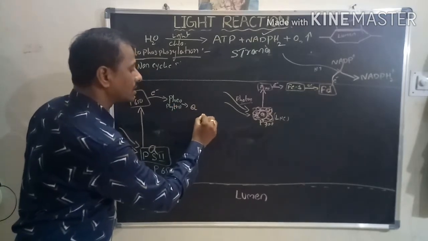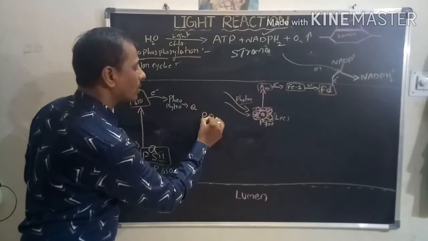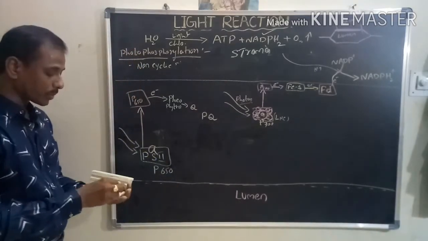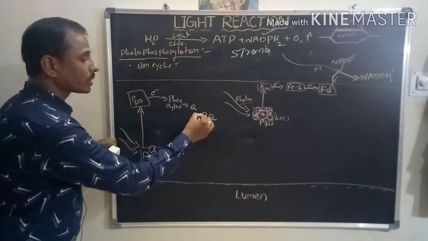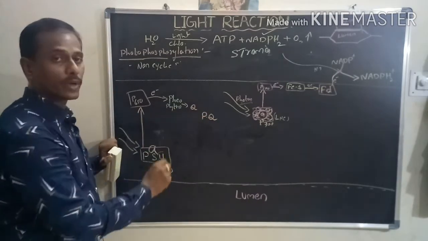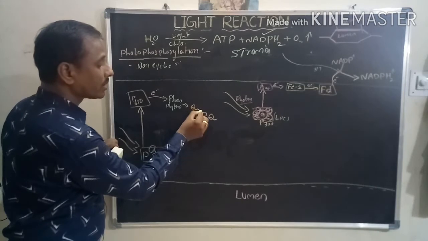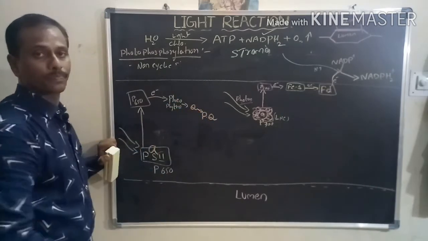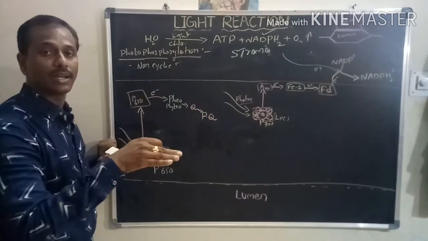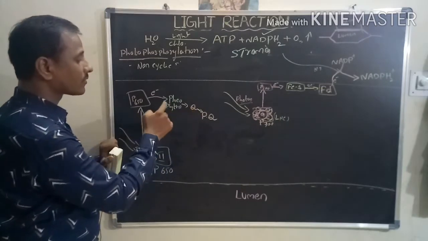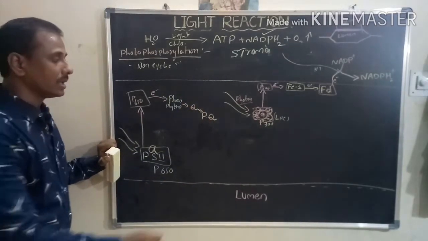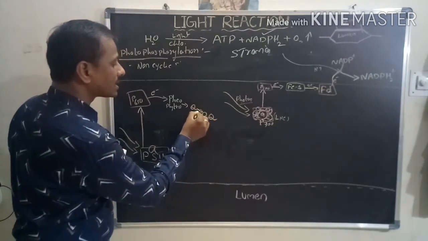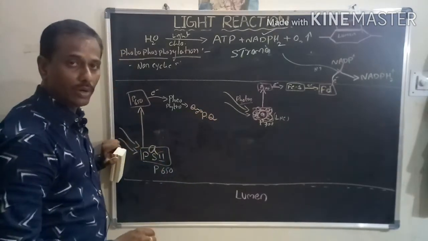That molecule is plastoquinone. Plastoquinone is a protein which is near to the pheophytin. Quinone is a vehicle. It will transport the electron from the pheophytin to plastoquinone.